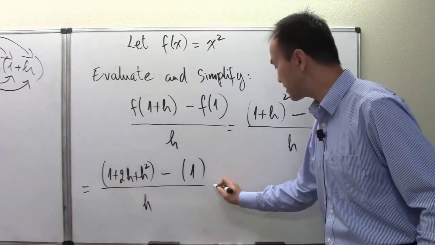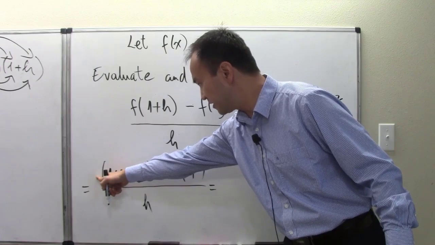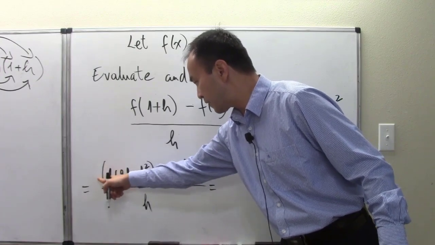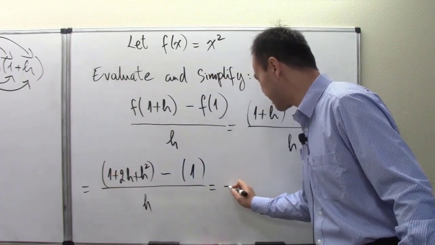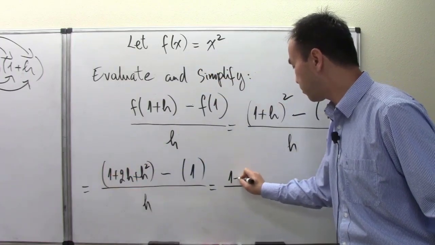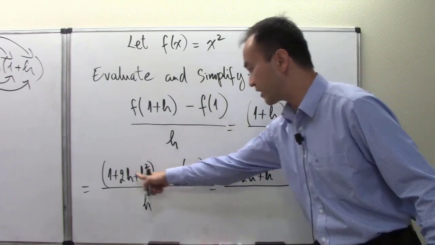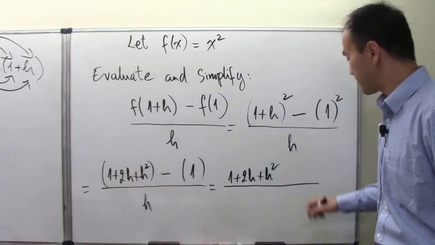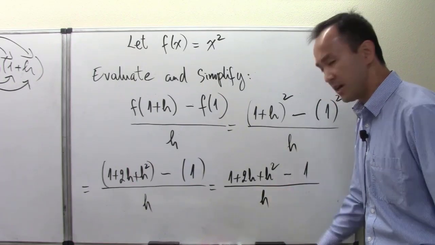Now it's time to take away parentheses. In front of this group, it's just a positive sign, so taking away the parentheses simply gives me 1 + 2h + h², without worrying about sign changes. Then I'm going to subtract 1, and divide it by h.